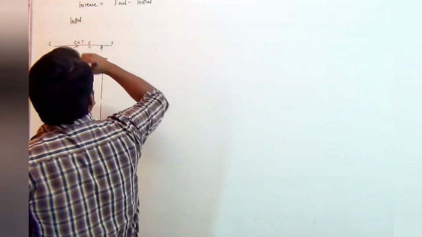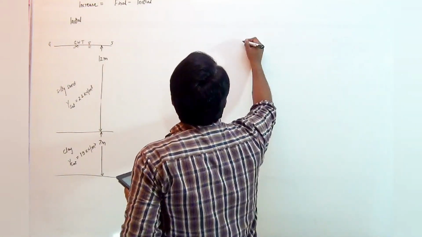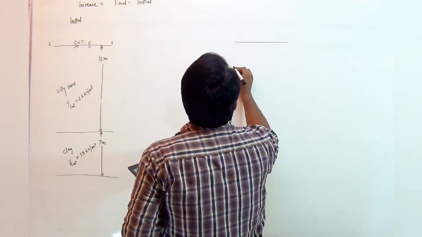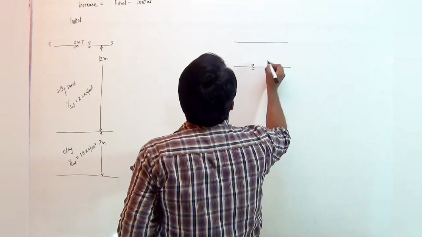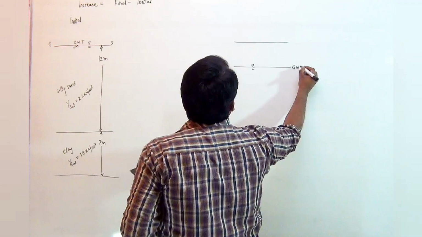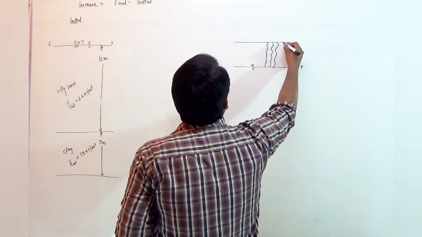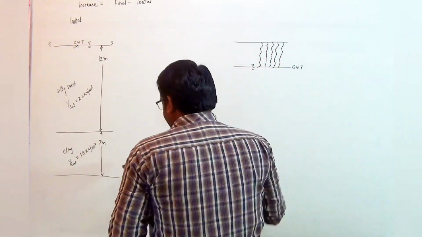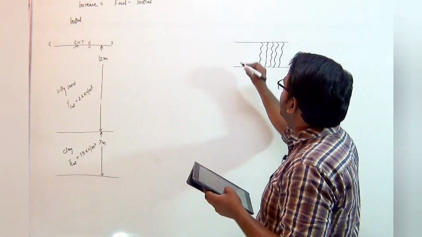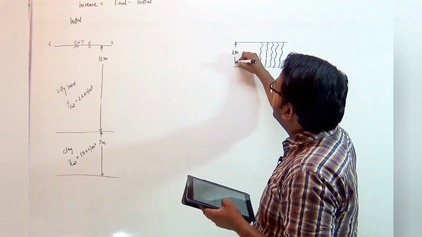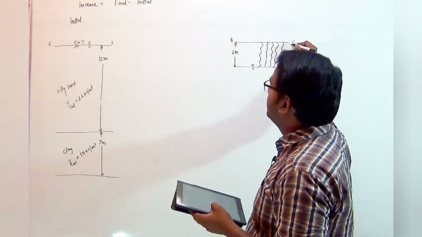Whereas it is also mentioned that after draining the water level falls to 2 meter. So this is the normal groundwater table, but the above soil is capillary saturated as it is given in the diagram also. So this is capillary saturated for the first 2 meter till the ground surface.